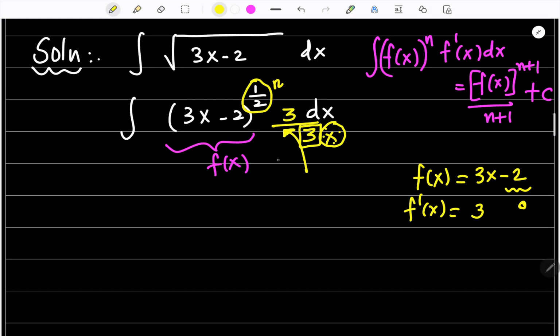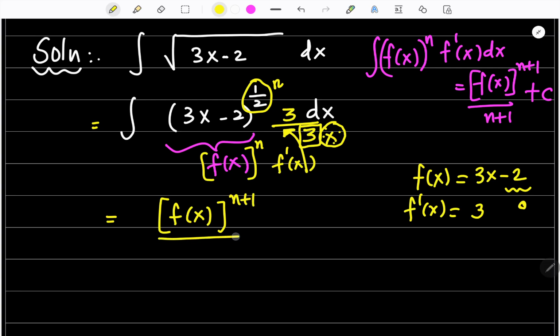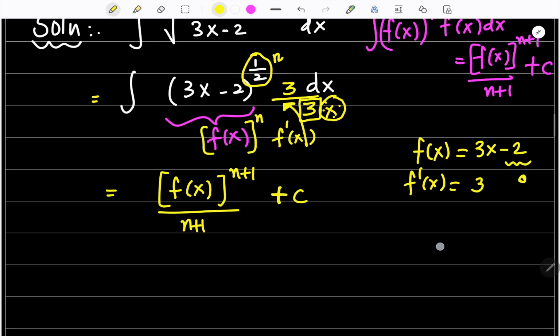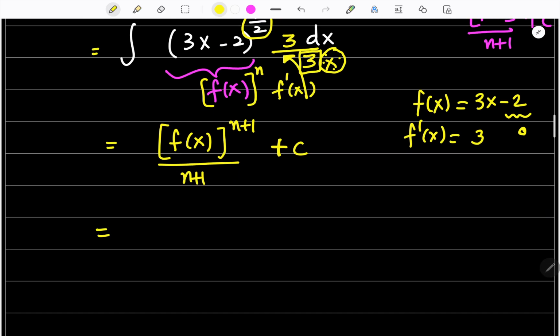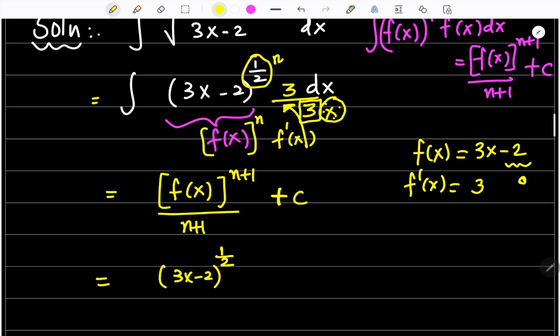Okay, this is your f of x and this is your f dash of x. This has a power n. So this equals f of x to the power of n plus 1 divided by n plus 1 plus integrating constant c. Okay, right. So this equals 3x minus 2 to the power of n plus 1. What is n here? n is half.